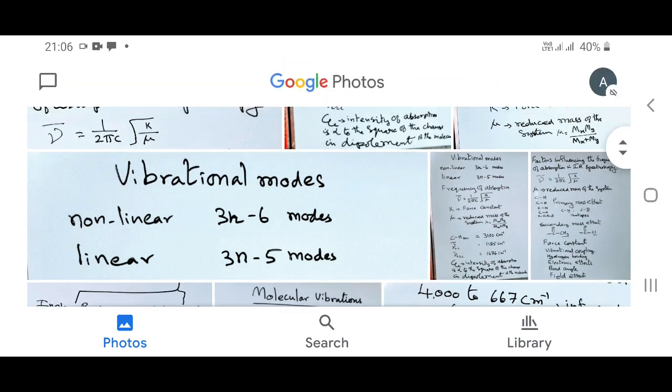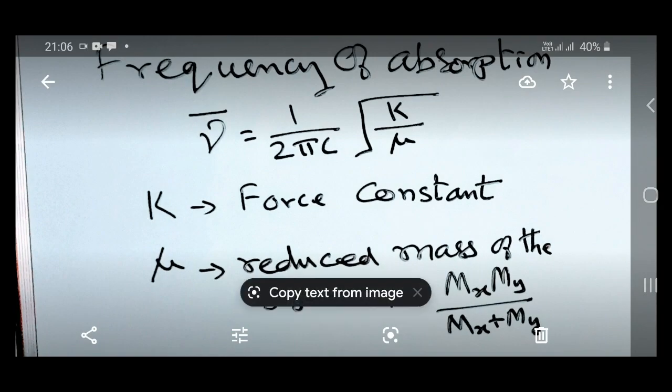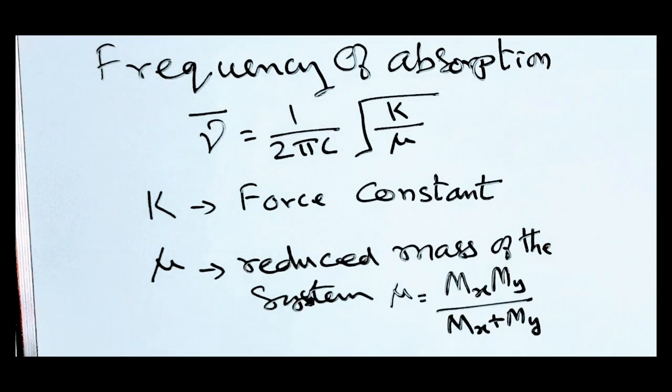See, already we have seen that the energy E is related to the frequency by E is equal to h c nu. If you modify, replace nu by lambda, then E is equal to hc by lambda.